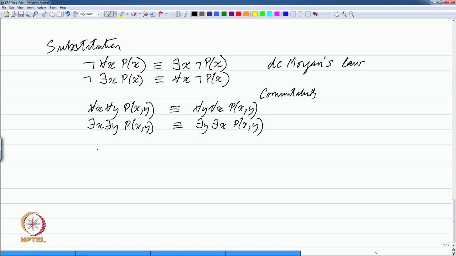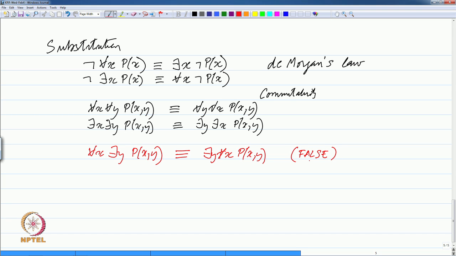But if I were to look at a formula like this, for all x there exists a y p x y, and if I were to try to say that there exists a y for all x p x y, which means I try to interchange the two quantifiers, then this formula is false actually.